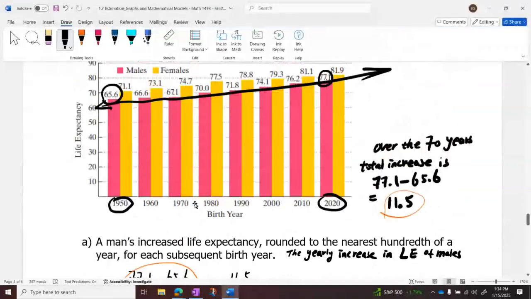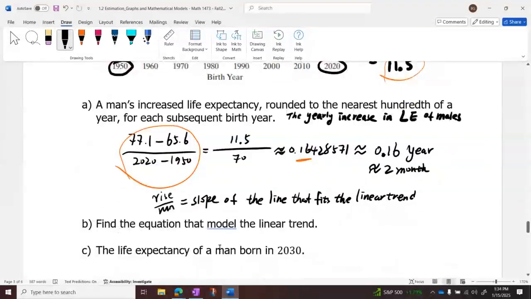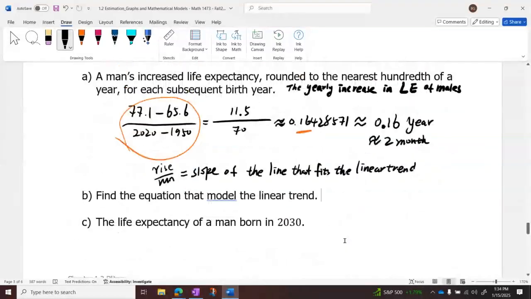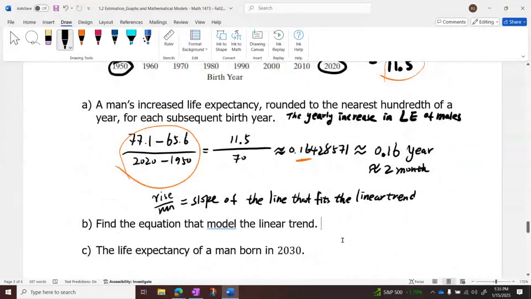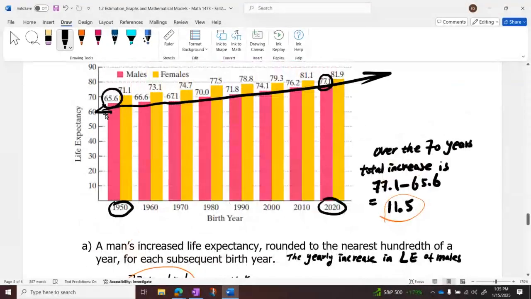That's part A of this question. Part B of this question is we need to find the equation of the line that describes the linear trend of those red bars. I draw the line for you, right?